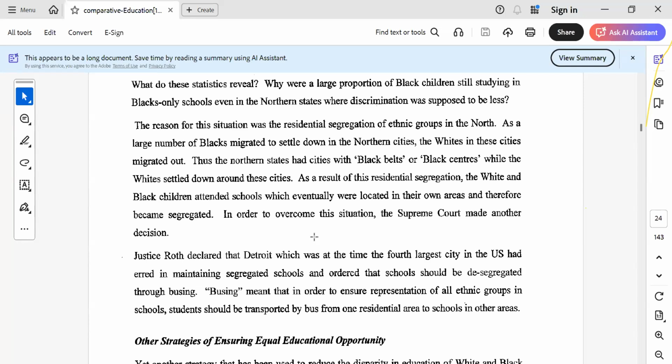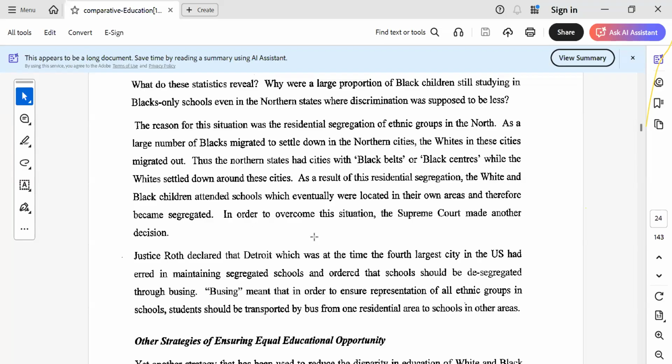Justice Roth declared that Detroit, which was at the time the fourth largest city in the US, had erred in maintaining segregated schools and ordered that schools should be desegregated through busing. Busing means that in order to ensure representation of all ethnic groups in schools, students should be transported by bus from one residential area to schools in other areas.